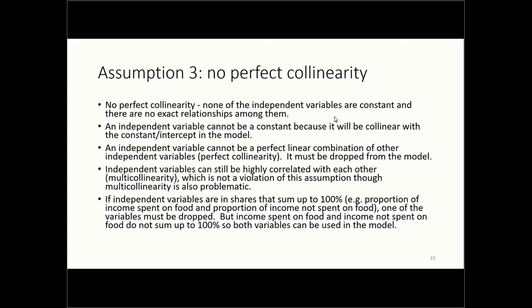So when does this no perfect collinearity cause trouble? Well, if say the independent variables are shares that sum up to 100, say the proportion of income spent on food and proportion of income not spent on food. For example, for one person it could be 20% spent on food, 80% not spent on food. For another person could be 30% spent on food, 70% not spent on food.